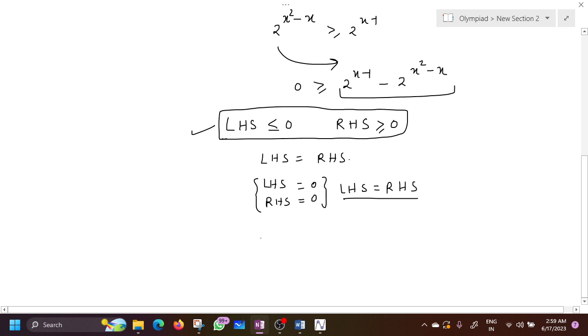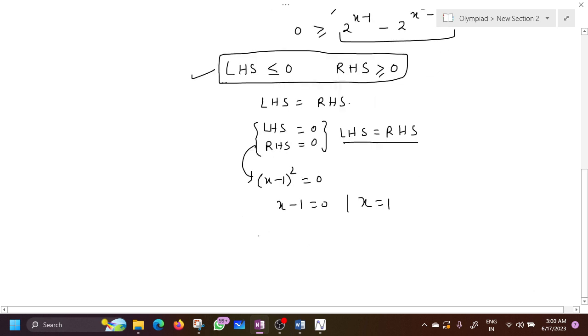So if LHS and RHS are equal, then from RHS, x minus 1 whole square is equal to 0. This says that x minus 1 is equal to 0, so x equals 1. Now let us see whether the left hand side also satisfies this value of x. It is 2 to the power x minus 1 minus 2 to the power x square minus x.